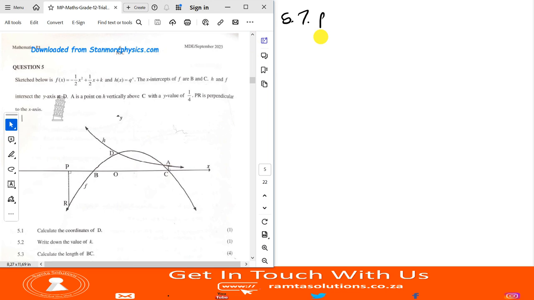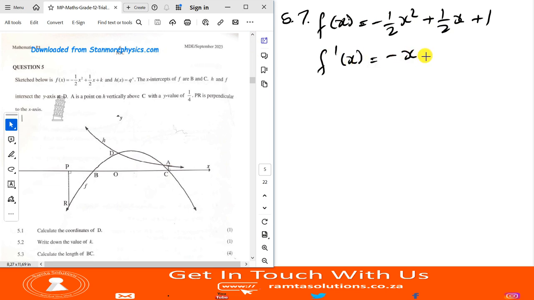So first derivative, remember, f of x is half x squared plus half x plus 1. What is its first derivative? It will be negative x plus half.